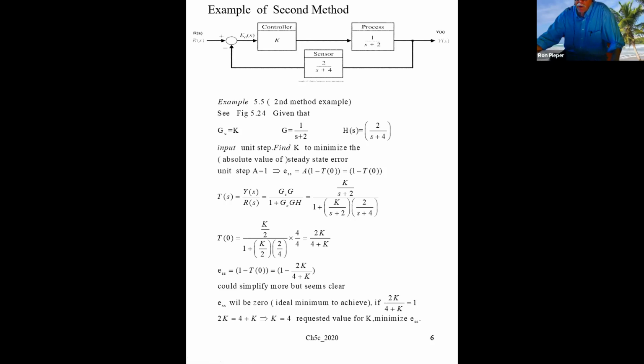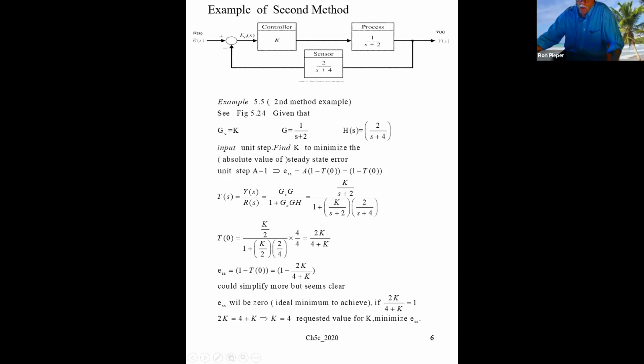And since we don't have an adjustable block on the front, what we're going to do here is apply this idea from the previous page. And also we're told that we're only interested in the unit step input, and that would mean A equal to 1. So our steady state error is a special case of our steady state error formula that we had before, where we set A equal to 1 because it's unit step.